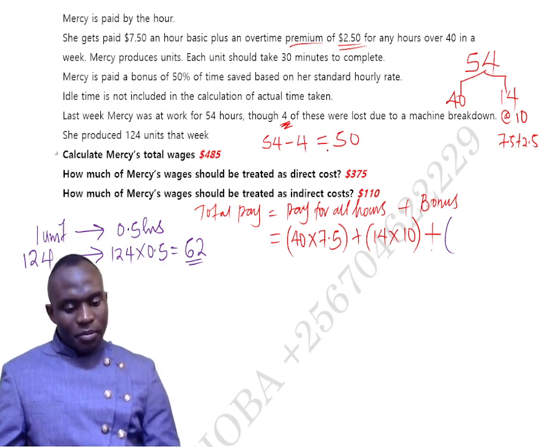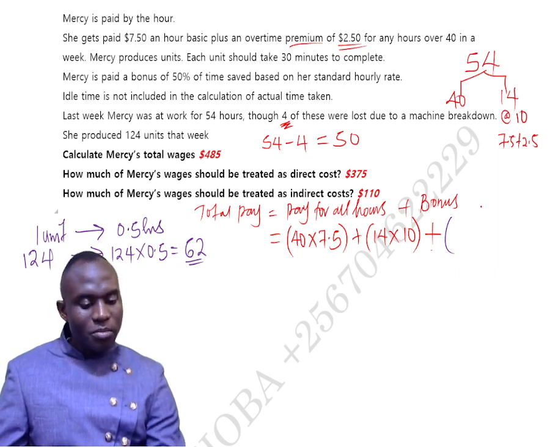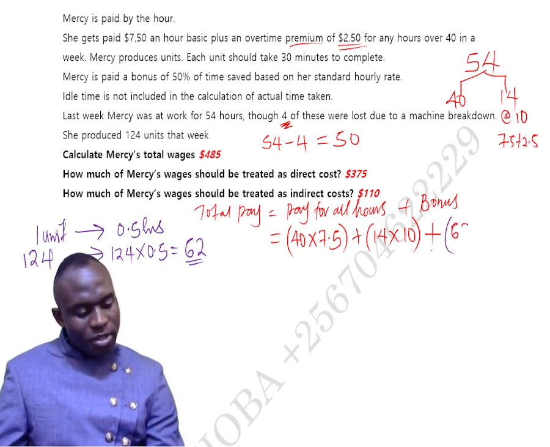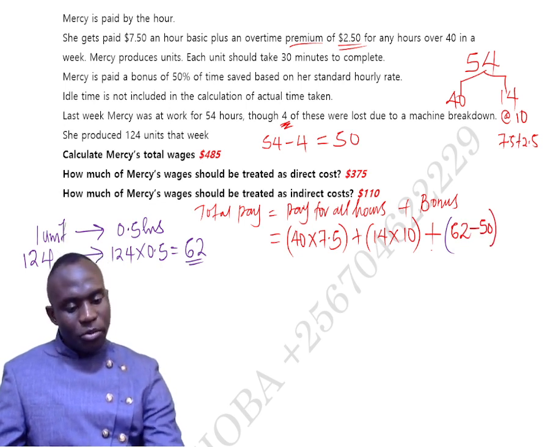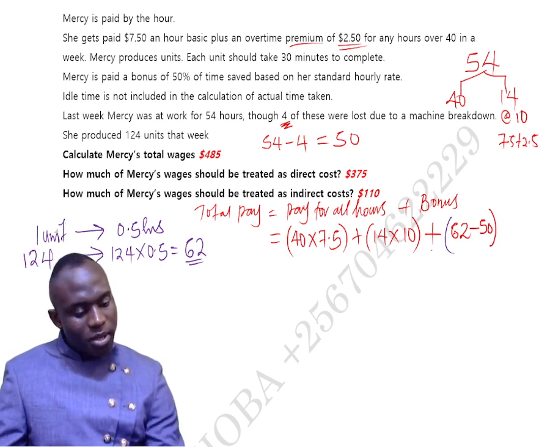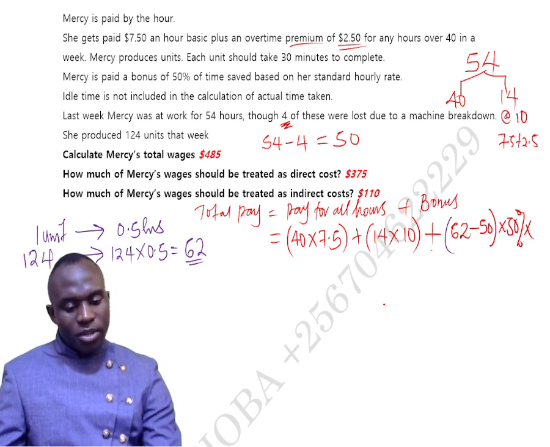It means how much is the bonus? So bonus would be time saved. She's supposed to have taken 62 hours minus the 50 hours. So this is time saved. But when we read the question, how is the bonus paid? It is paid at 50% of the basic rate, and the basic rate is 7.5.